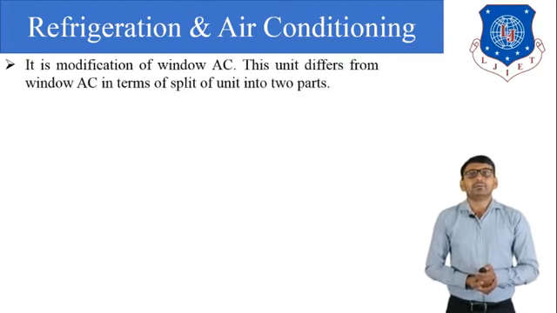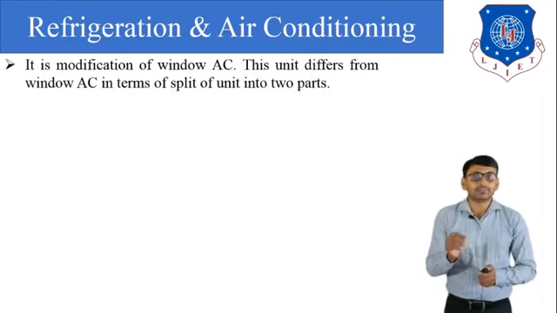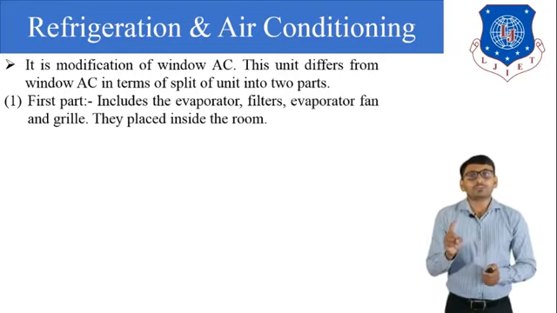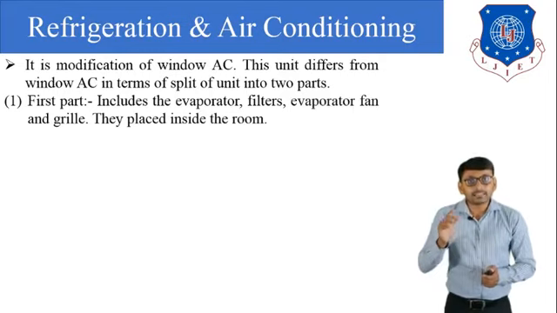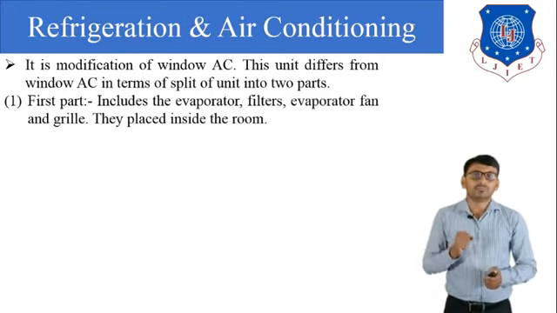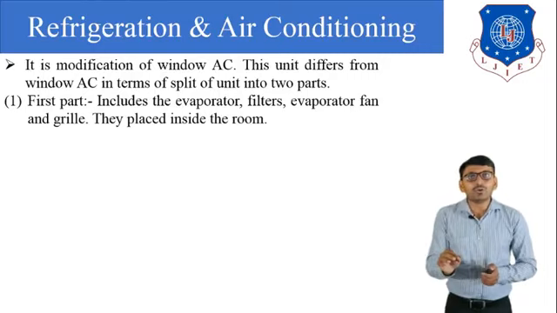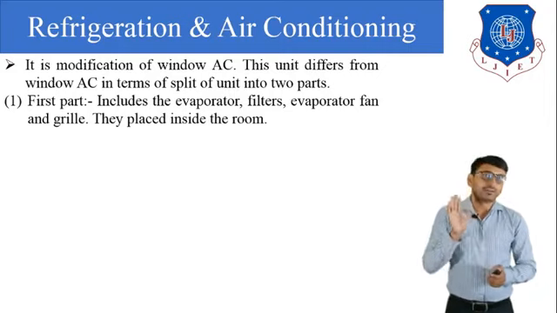So it is a modification of window AC, and this unit differs from window AC in terms of the split into two parts. The first part, which is mounted inside the room, is also called the indoor unit, and it includes the evaporator, evaporator fan, grill and filter.